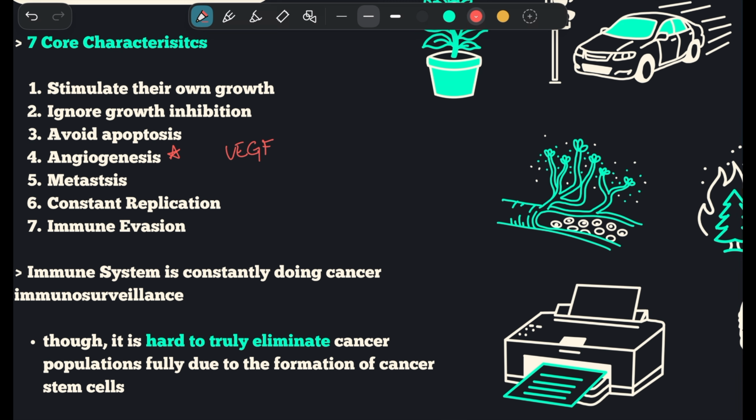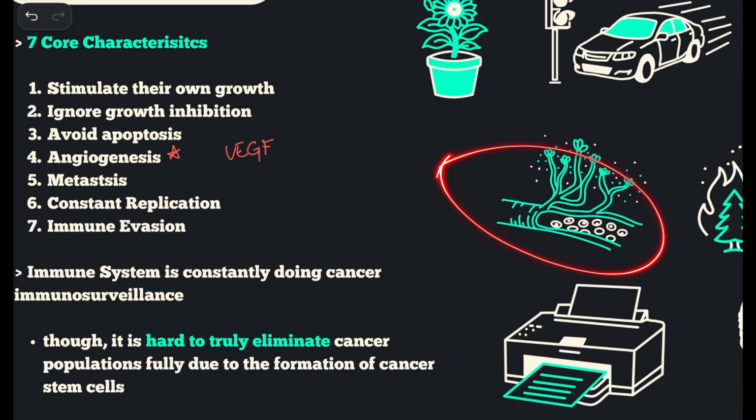That will induce angiogenesis, which is the formation of new blood vessels. So angio means blood, genesis means to create. This is a real hallmark in cancer and tumor generation, because the angiogenesis that actually occurs here is subpar. It's shoddy.